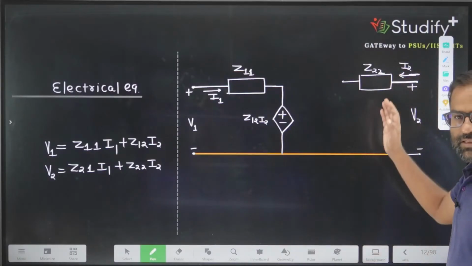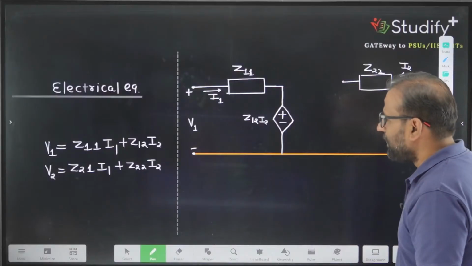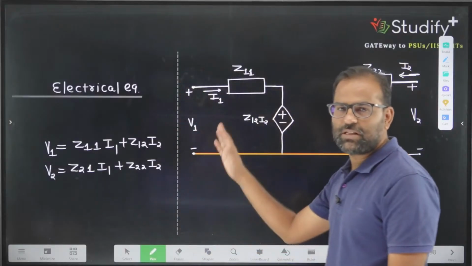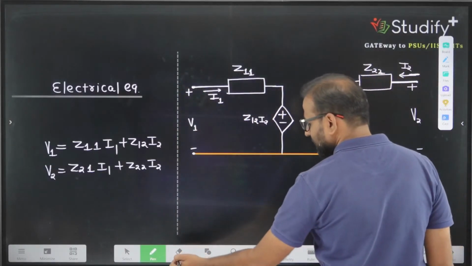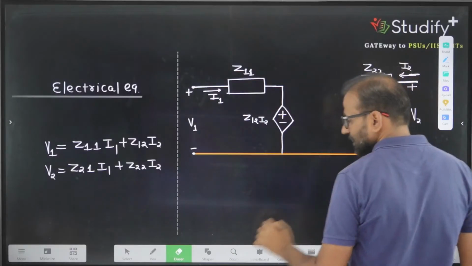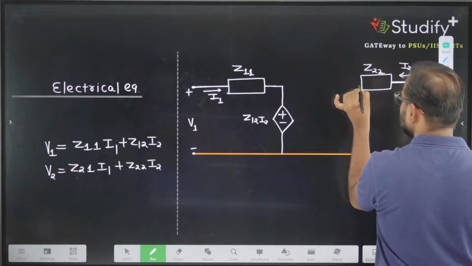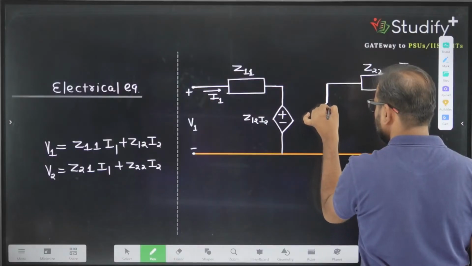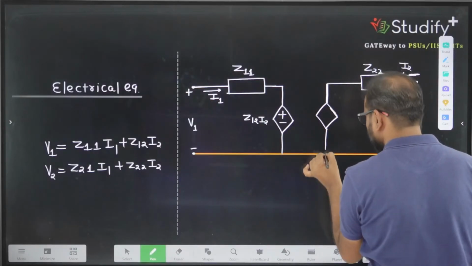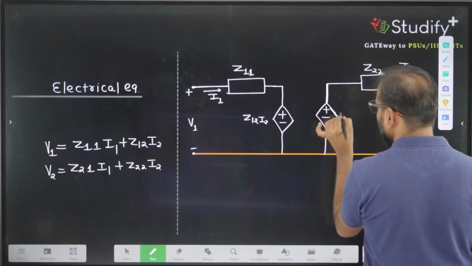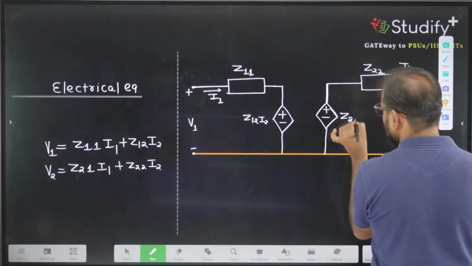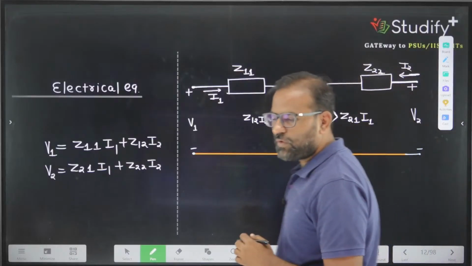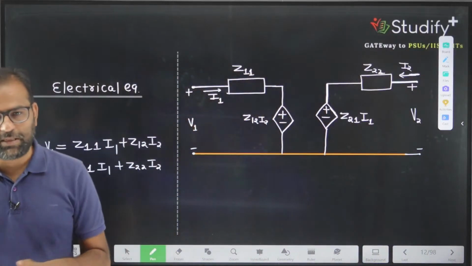So we have Z22 into I2. And what is one more parameter? Z22 into I2 plus Z21 into I1, but I1 current is available at port number 1. So I can write this as a dependent source of plus minus Z21 into I1. This is the electrical equivalent of the two-port parameter network.